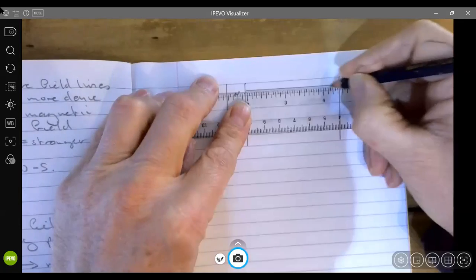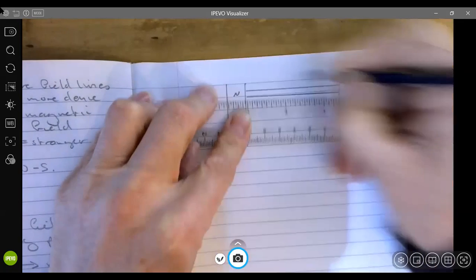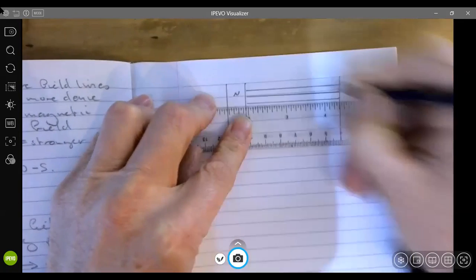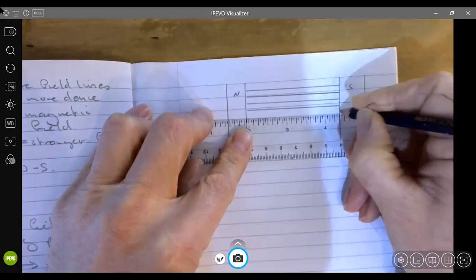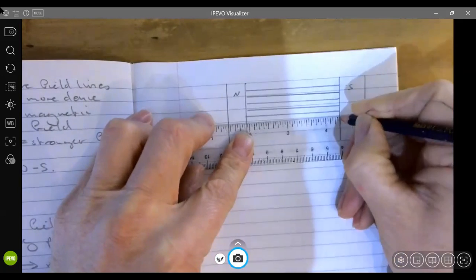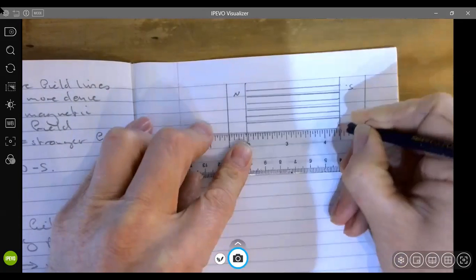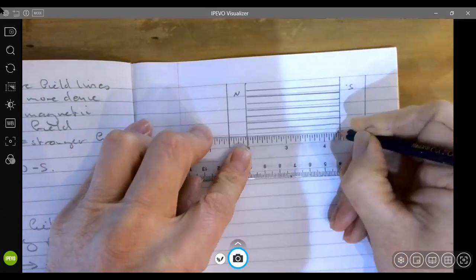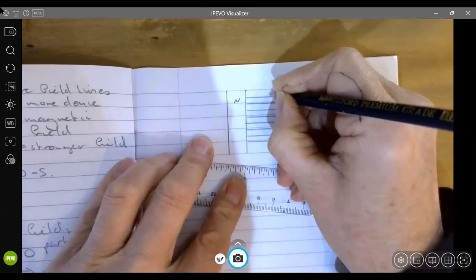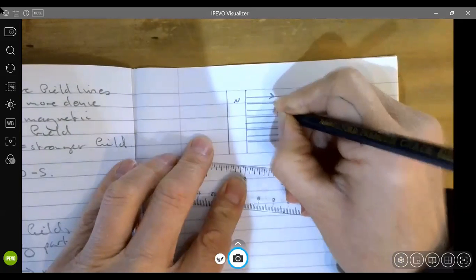If there are more magnetic field lines in there, we will have a stronger magnetic field, and we will have more of a force acting on a wire that's in that magnetic field.